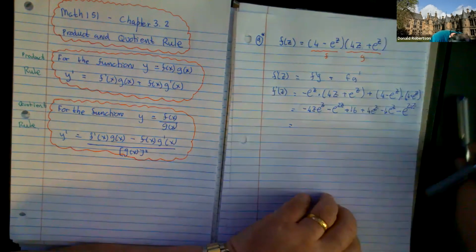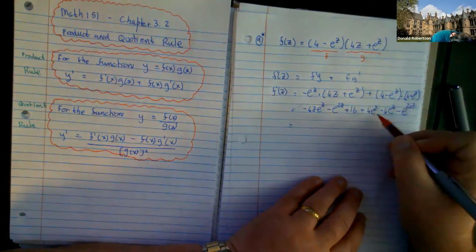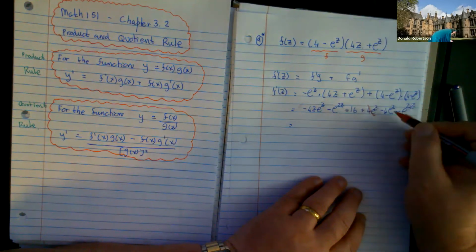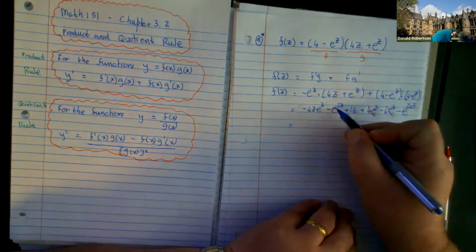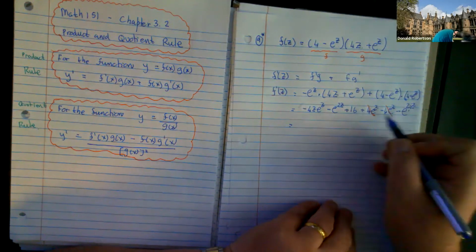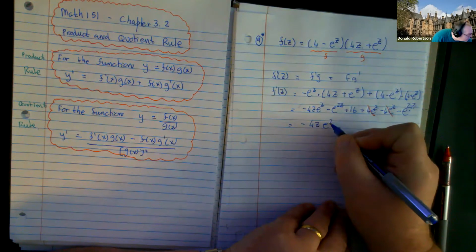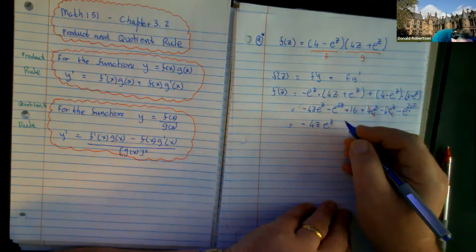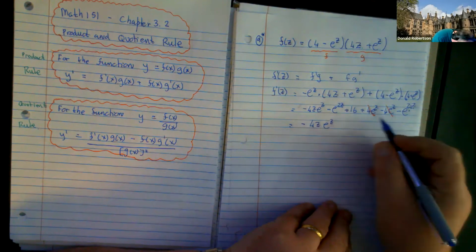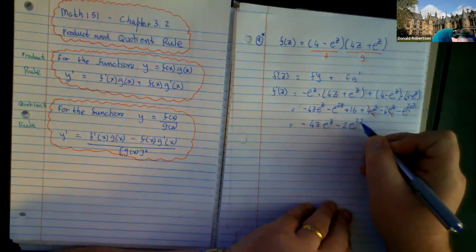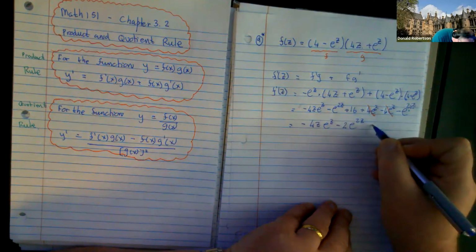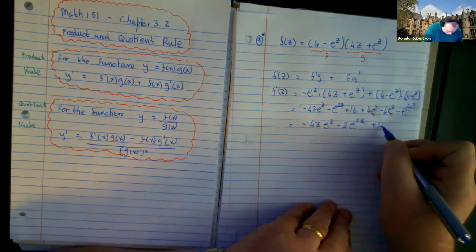Well, those two guys here and here cancel each other out. Those two can get joined together and that one's on its own. So it's negative 4z e to the Z, take away 2e to the 2z, plus 16.